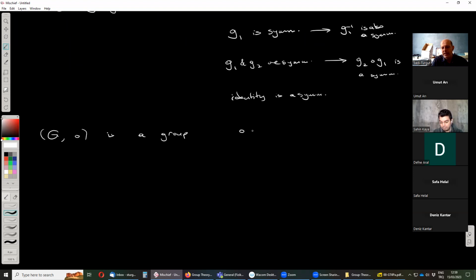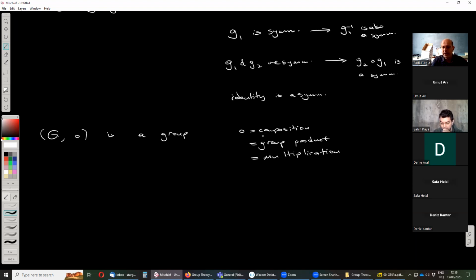So here, the operation is composition. Sometimes I'm going to call this the group product. Sometimes I'm going to call this multiplication, because I don't know the difference between these two terms. All right. Sometimes the symbol is going to change, right?